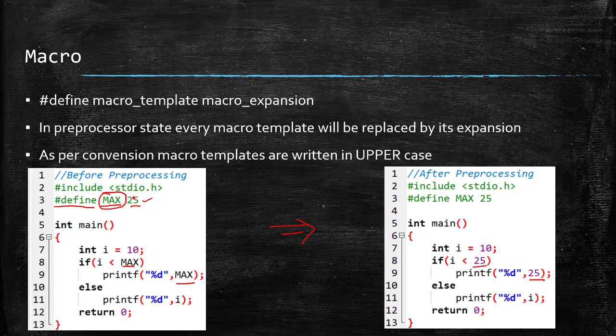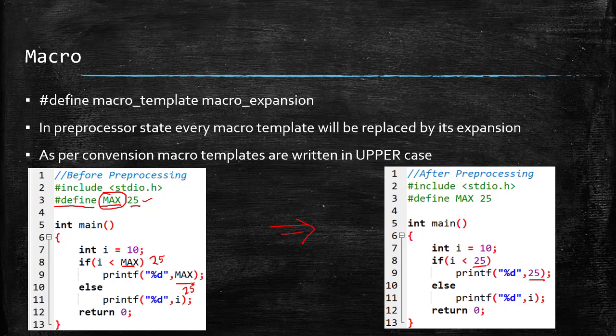Before the pre-processing I will get this one and after the pre-processing I will get this kind of code. Actually you are not going to see this file. I have put that screenshot to give you an idea how the macro expansion will work, but you will not be able to see this transformation from macro template to the macro expansion. Once again, this MAX will be replaced by 25. Similarly, this MAX will be replaced by 25 after the pre-processing.